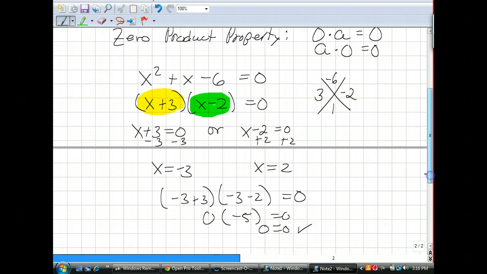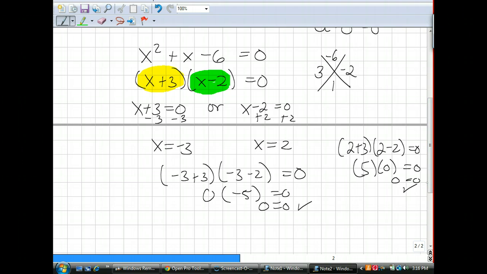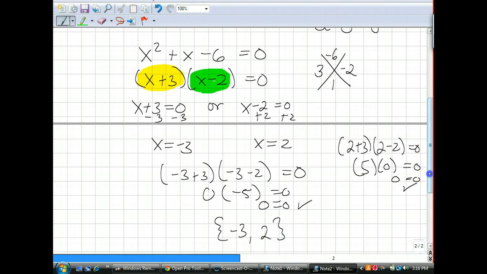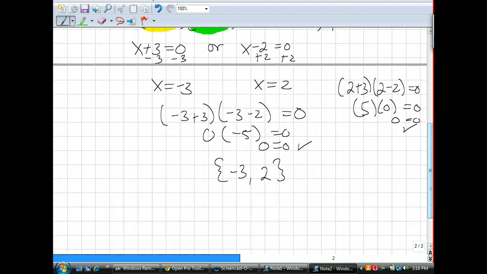If I put a 2 in for x, I get 2 plus 3 times 2 minus 2. So 5 times 0, 0 equals 0. It checks. So the two values of x that will make the equation equal to 0 are negative 3 and 2. So I like to put my answers in a solution set. So the solution to that equation is negative 3 and 2.